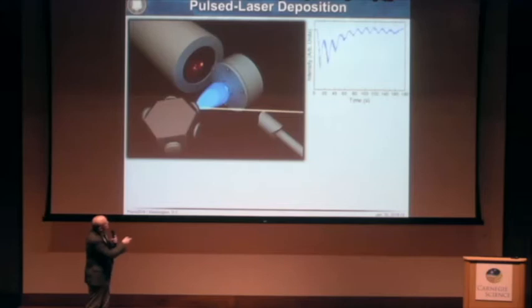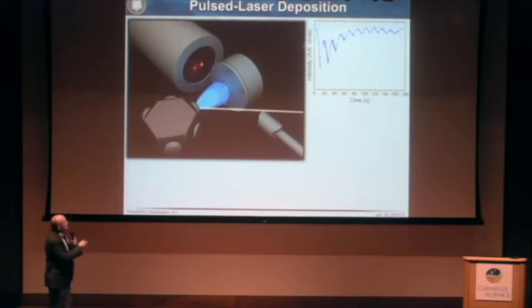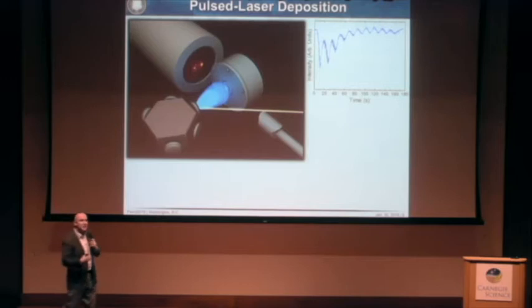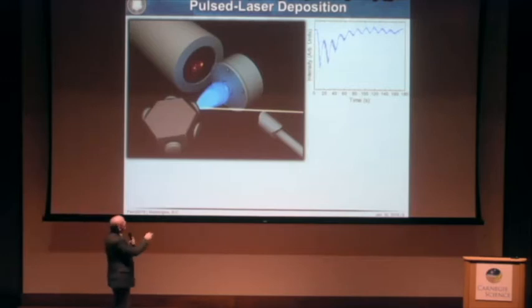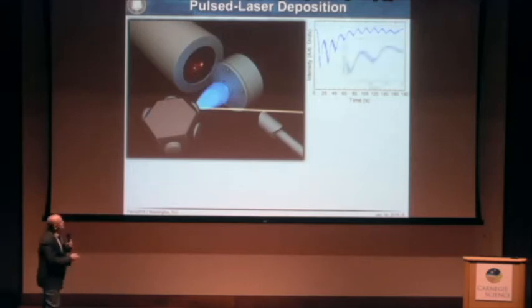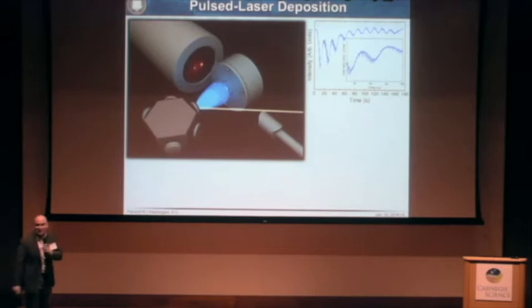So if I show you a map here of the intensity of this specular spot from the RHEED diffraction pattern as a function of time, you get these characteristic oscillations. So if we're growing in a layer-by-layer fashion, every time you see an oscillation here, we're growing one layer of the material. But if you zoom in and take a closer look, you see that these bigger oscillations have little things that are happening on them.